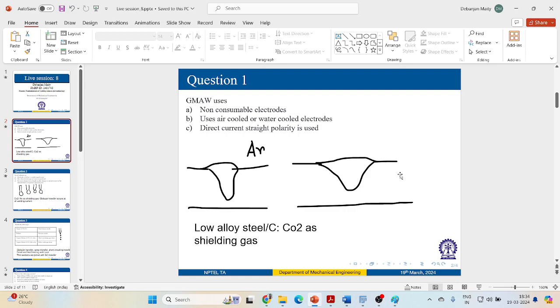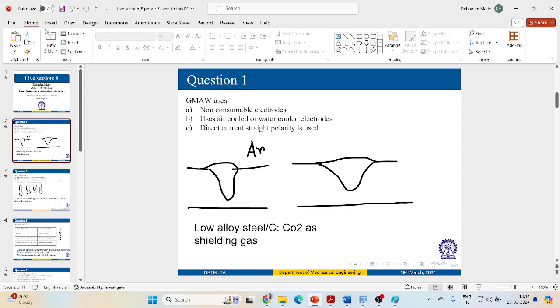What does the welding torch do? Basically, it energizes your electrode, or it feeds the electrode and the shielding gas. That's what my welding torch does, right? There can be either an air cooled or water cooled welding torch, whenever your torch will be working at 200 amp or above.